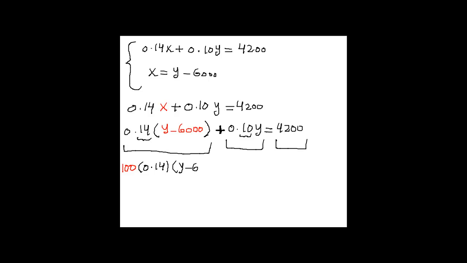To eliminate the decimal. Remember, when you multiply each term by a number in your equation, you have to multiply that number by each term. So we do that here, multiply each term by 100, and then we can eliminate all the decimals.